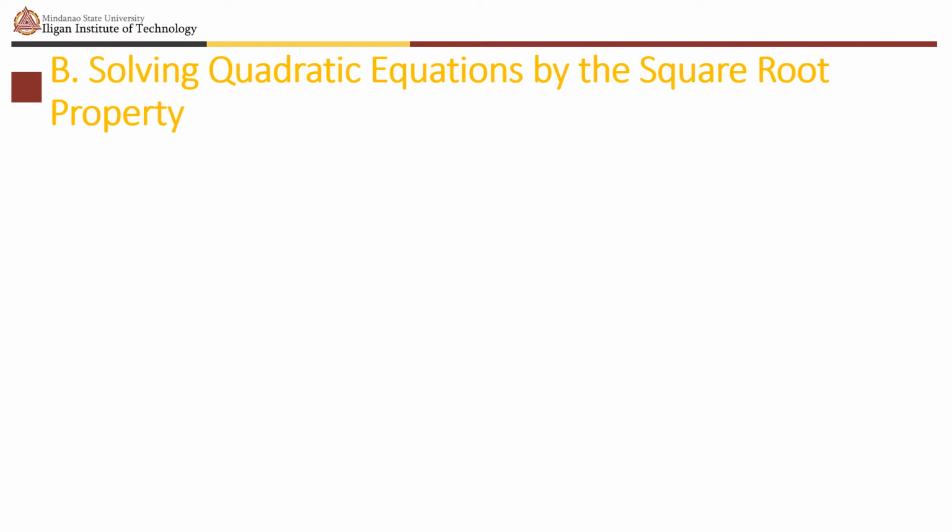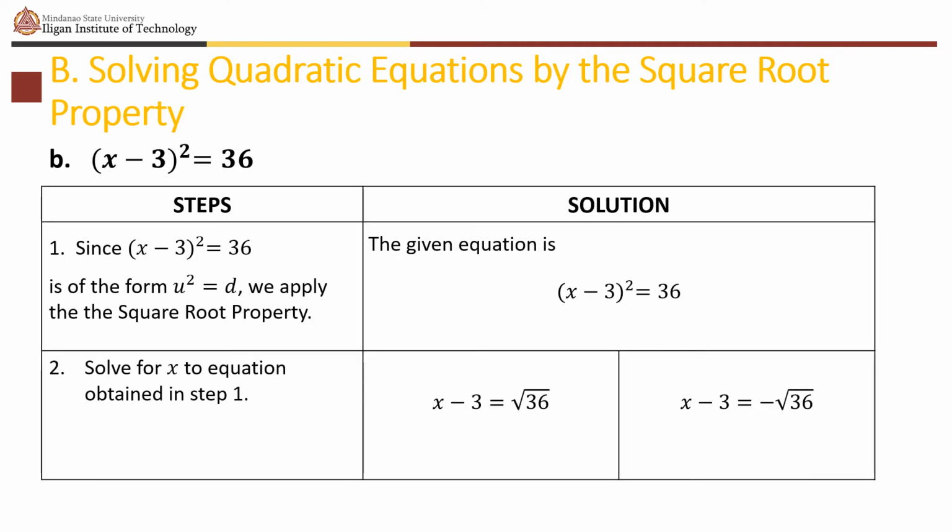For solving quadratic equations by the square root property, we have another example, that is the quantity x minus 3 squared equals 36. So what do we do here? Steps would be, first, you can extract x minus 3, the quantity squared, by raising this to the 1 over 2.